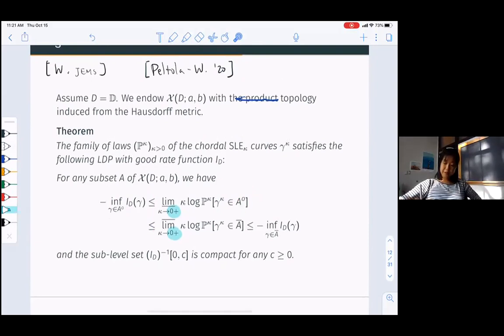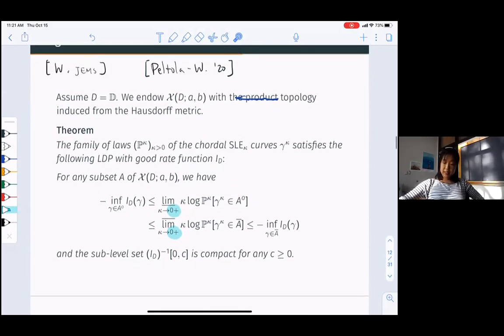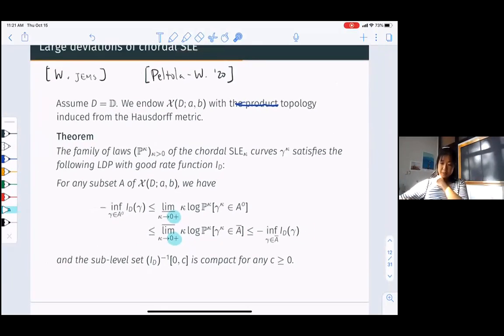If I replace the interior of A by the closure of A, the lim sup is also bounded, by minus the infimum of the Loewner energy over gamma belonging to the closure of A.